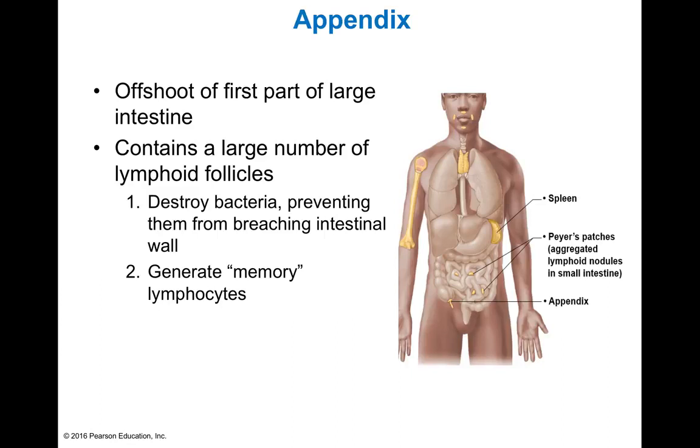The reason is that your immune cells now have memory of the original bacteria or virus, so when they encounter it for the second time, it's much easier for them to recognize it, and the process is much more rapid. The appendix is one of the structures responsible for creating those memories and helping you create an effective immune response against a pathogen you have already encountered at an earlier time.